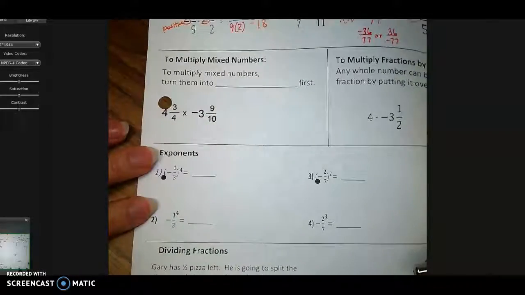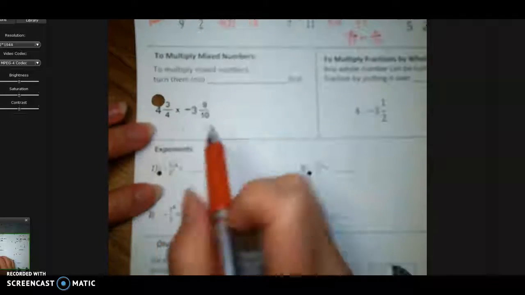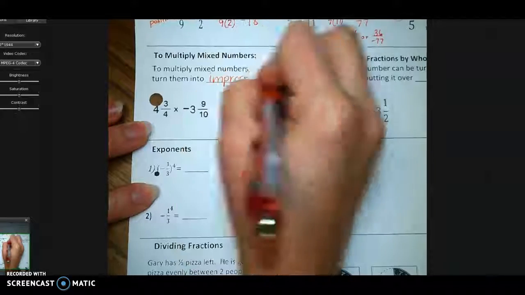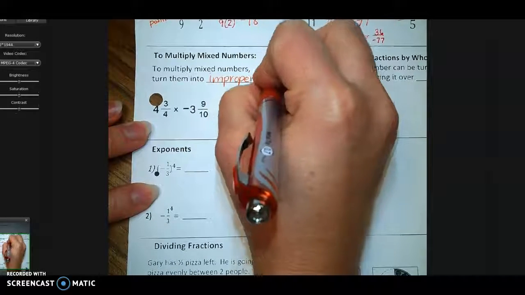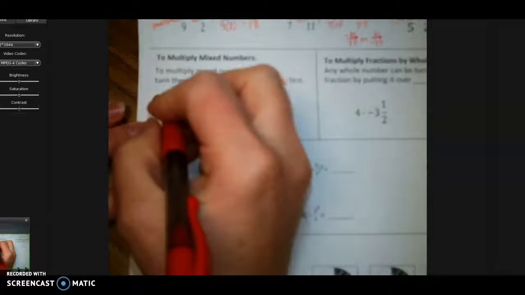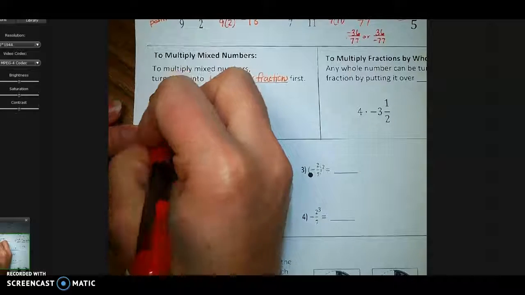The next part we're going to look at down here is that if I have mixed numbers, I need to turn them into improper fractions first. In order to do that, I'm going to take the whole number times the denominator plus the numerator.